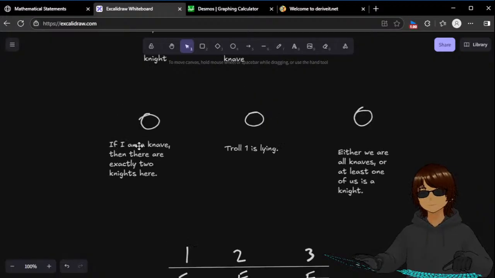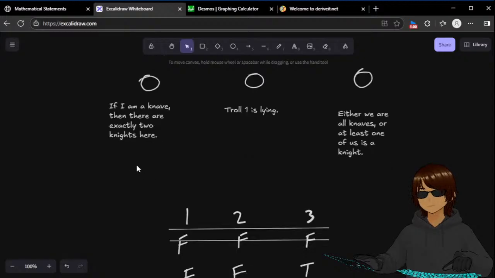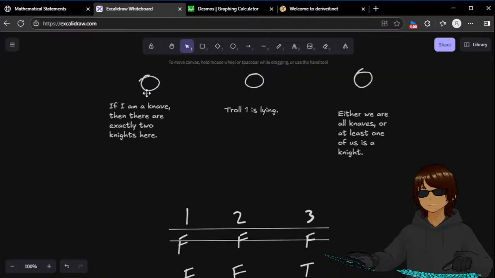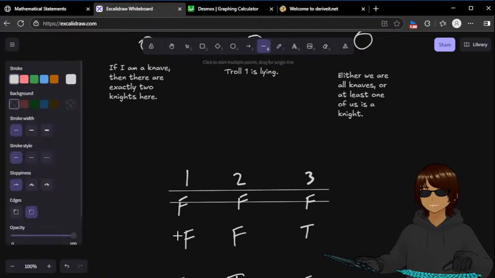If both of them are lying, then both of them are knaves, right? But then there's a contradiction over here. If this guy is a knave, then troll 1 is telling the truth, but troll 1 is also a knave. So they can't both be knaves, right?